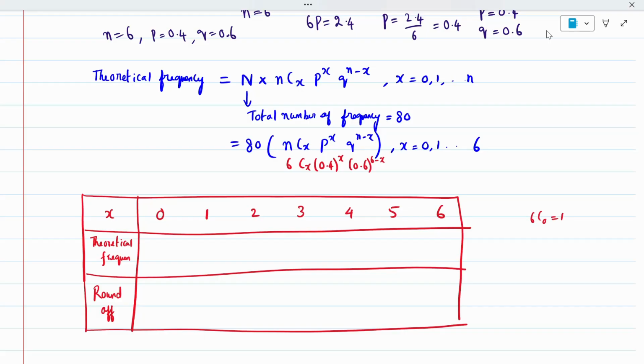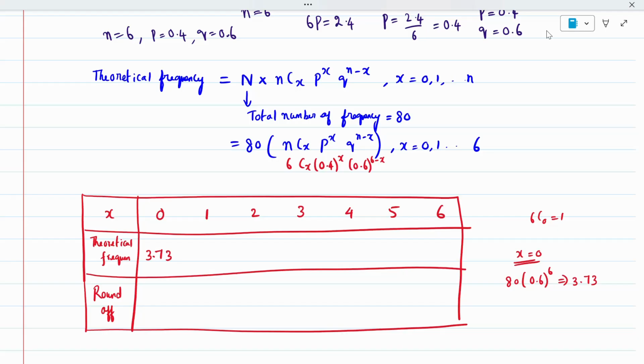So 0.6 to the power 6 is my answer. So I get 80 into 0.6 to the power 6. Multiplying in a calculator, we get 3.73. That answer you have to write in decimal itself.